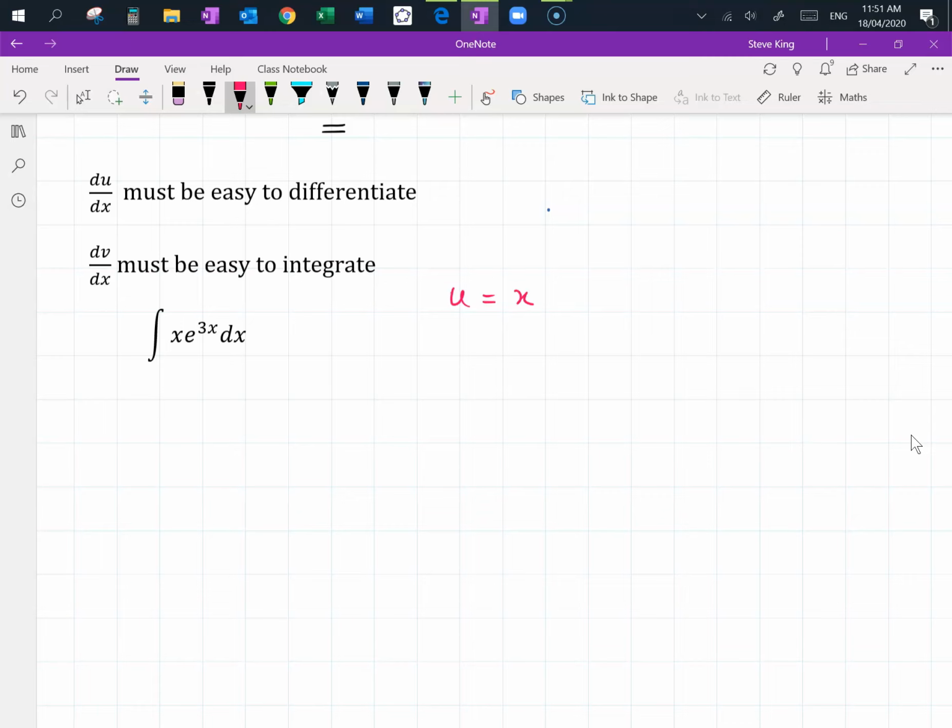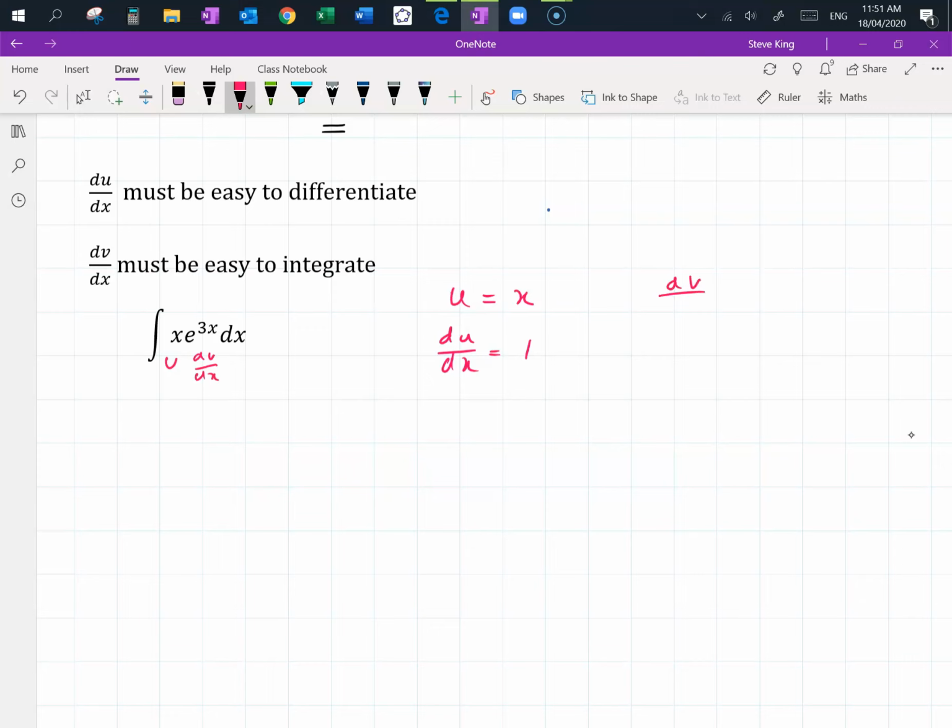My reason for saying that is that it is then very easy to do this differential, du dx, because du dx is simply going to be 1. So I'm making this part over here u, which means this part here must be dv dx.